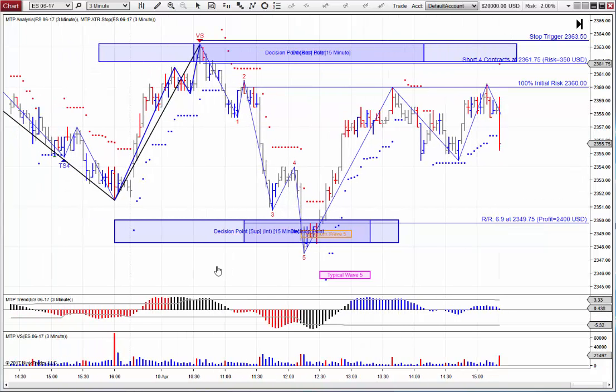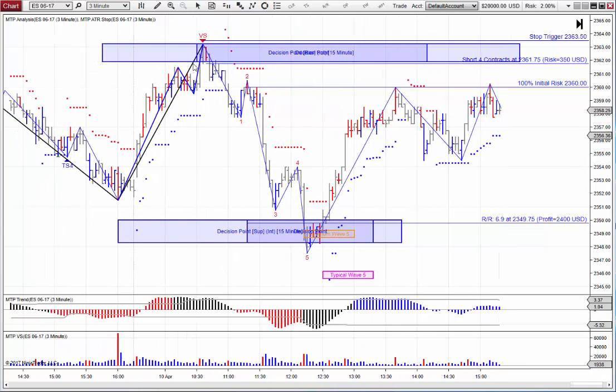So again, another example of using our higher time frame support and resistance zones, our DPs on the higher time frame chart, to help gauge the large degree trend direction. Again, this is also helped by our MTP trend, and as you can see, the red downtrend turned into black as we went to this VS setup.